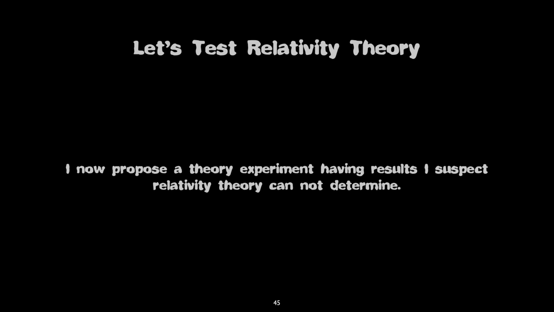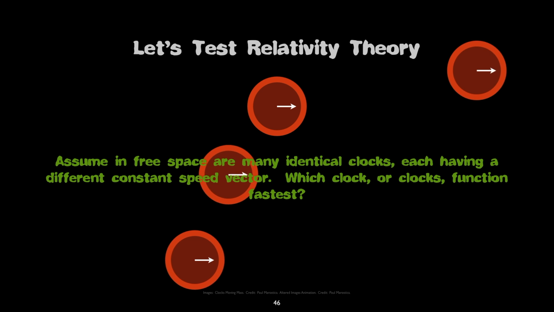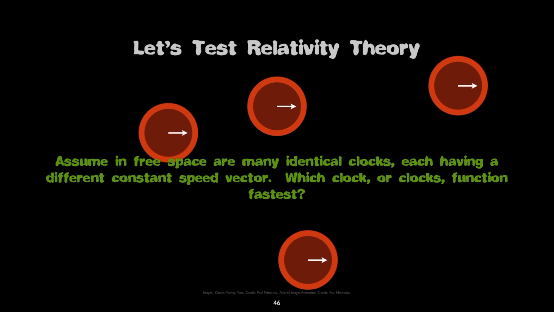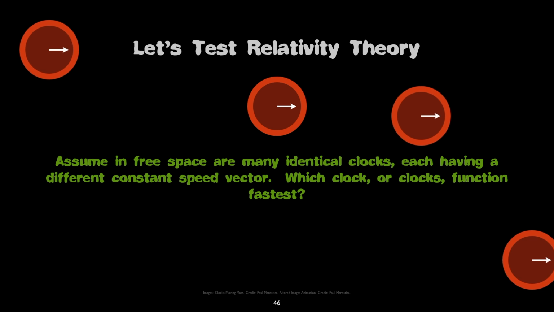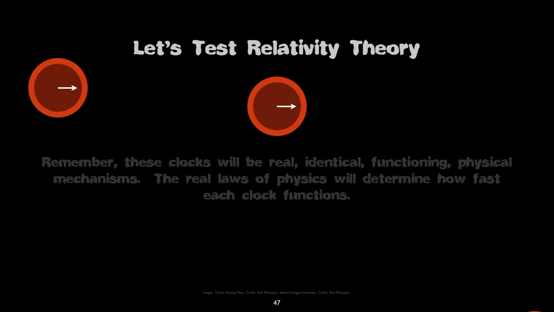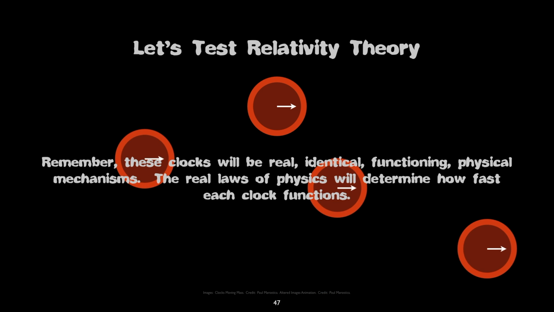I now propose a theory experiment having results I suspect relativity theory cannot determine. Assume in free space are many identical clocks, each having a different constant speed vector. Which clock or clocks function fastest? Remember, these clocks will be real, identical, functioning physical mechanisms.